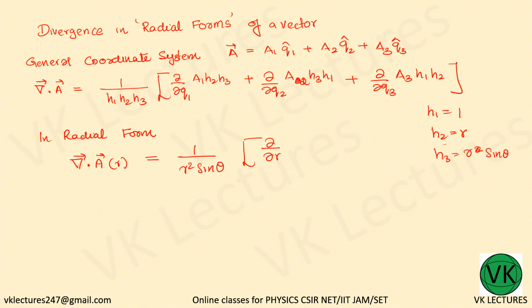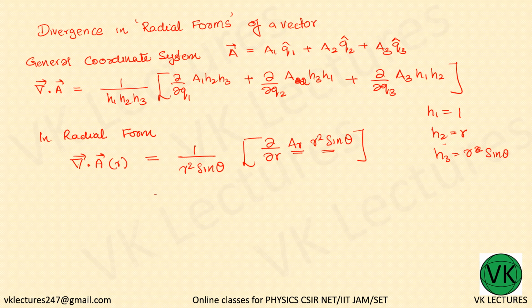So dou by dou r of Ar, the first term A1, into r square sine theta. Sine theta is independent of r, so you can bring it outside.